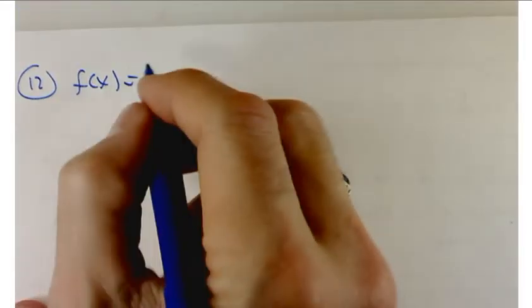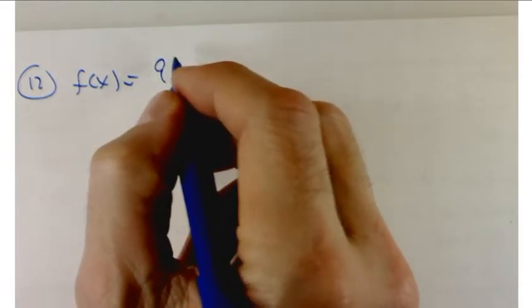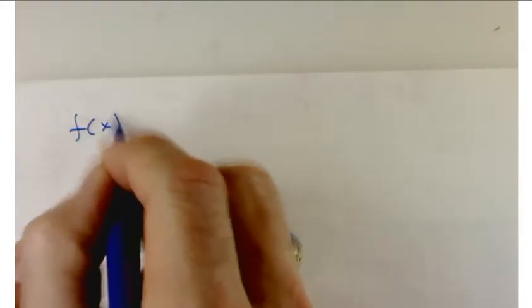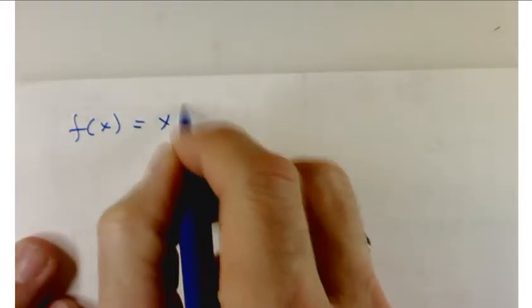What we're going to start with, though, is a function. This is problem number 12. F of x is x times the square root of 9 minus x squared.